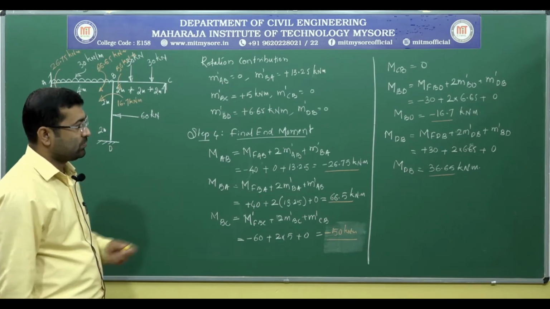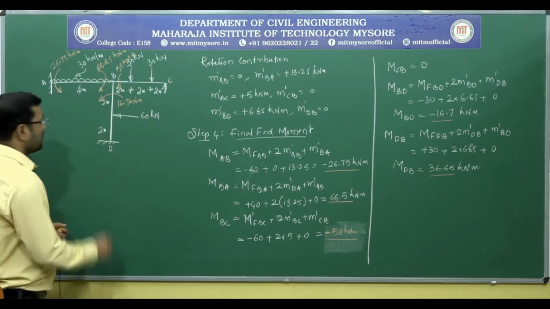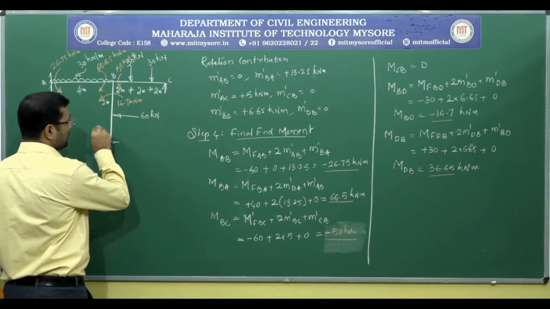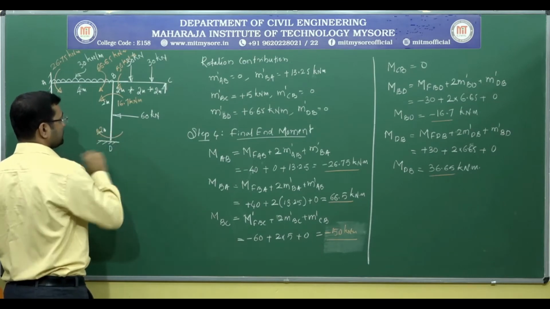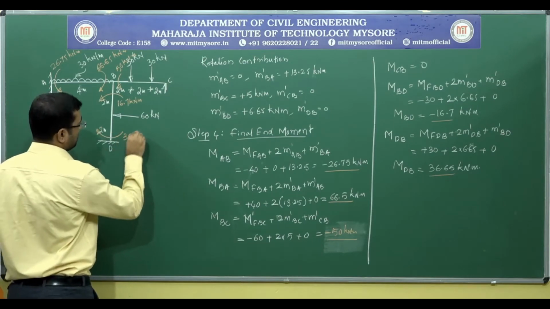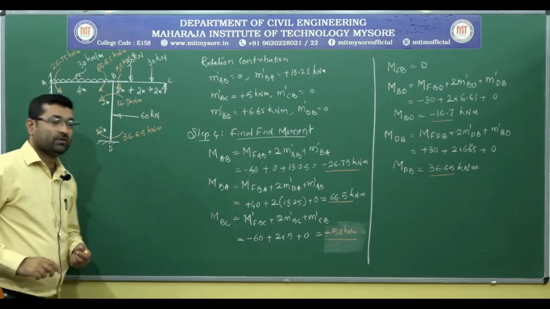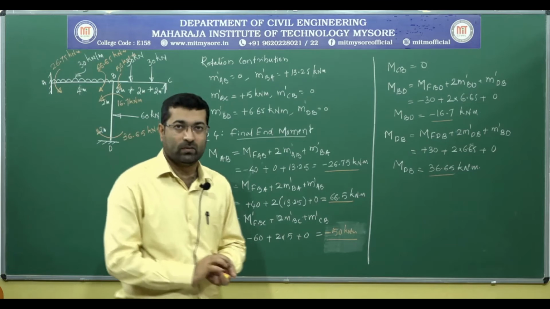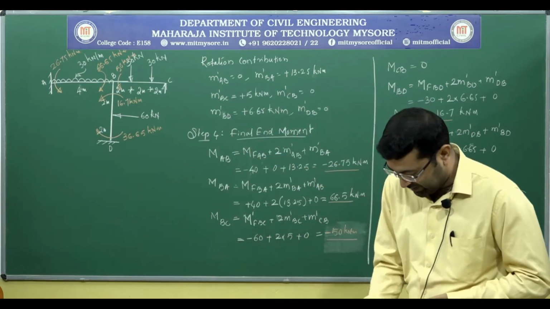So it is a positive moment, and as a positive moment it is clockwise. So I will mention this as a clockwise moment of 36.65 kilonewton meter. So these are the end moments, and we have represented them in the main diagram.